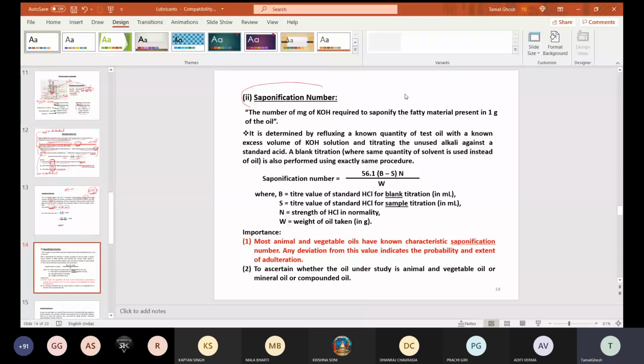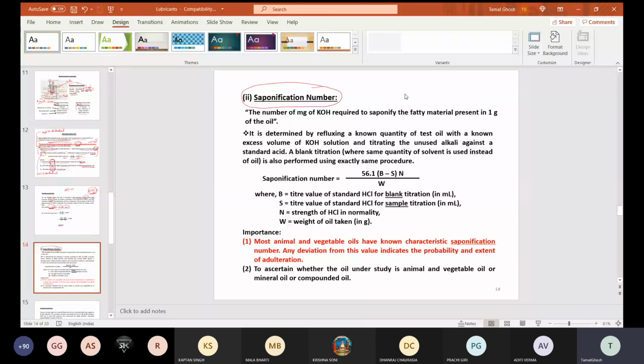For this one, recall your organic chemistry knowledge. You have learned alkaline hydrolysis of ester. The ester functional group is hydrolyzed by aqueous alkali.